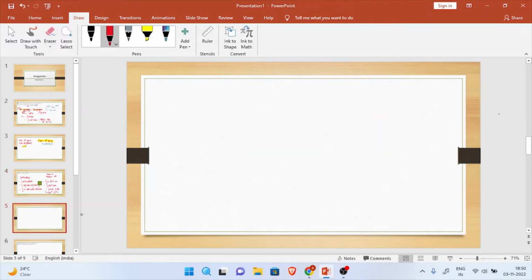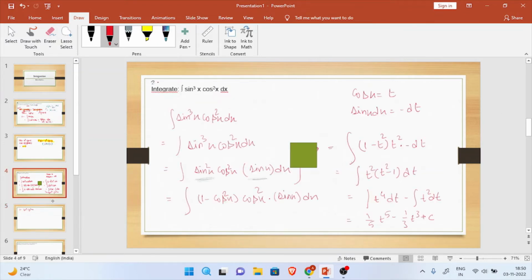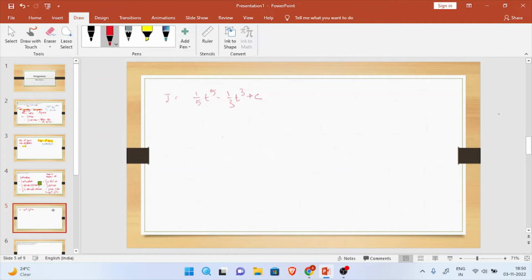Now, the integration is 1 by 5 t to the power 5 minus 1 by 3 t cube plus c. Just let me check that. Now I took t as cos x, so I will replace the term: it is 1 by 5 cos to the power 5 x minus 1 by 3 cos cube x plus c.